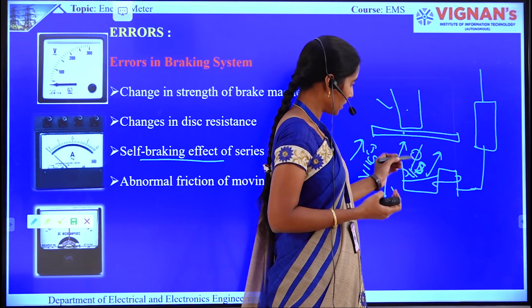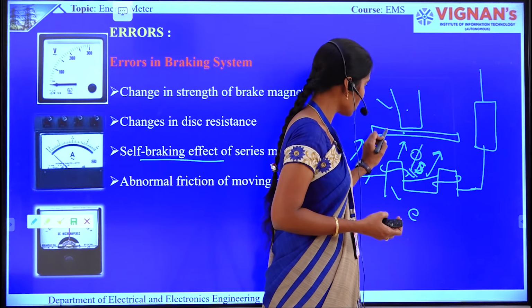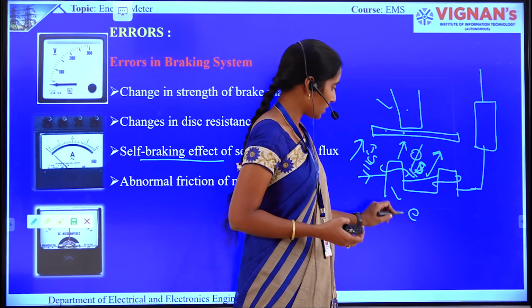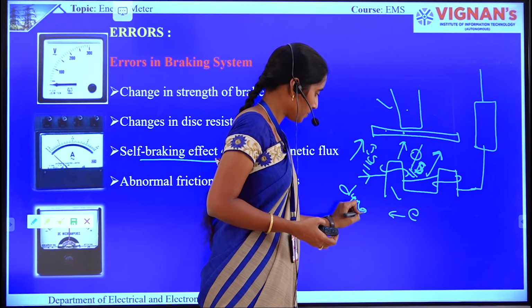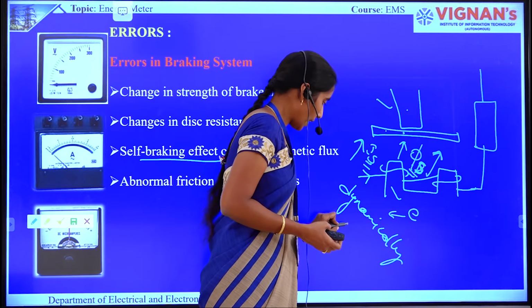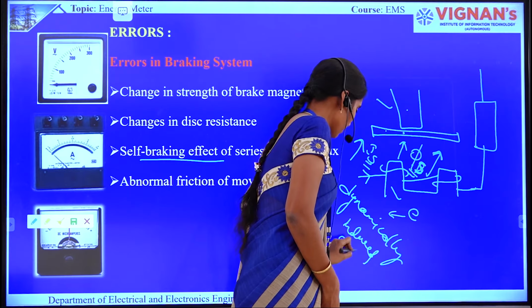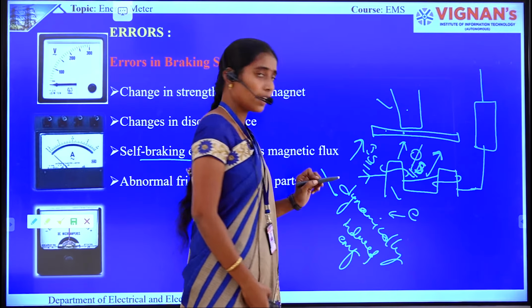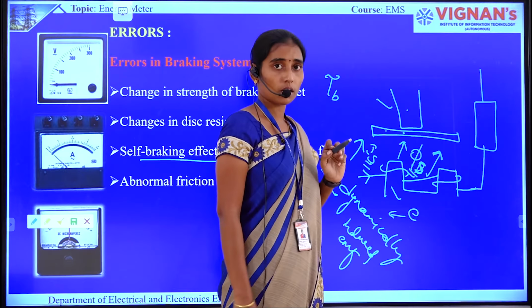So the aluminum disc is cutting this flux, and hence an EMF gets induced in it. And this EMF is nothing but your dynamically induced EMF. This dynamically induced EMF is responsible for the production of this braking torque.